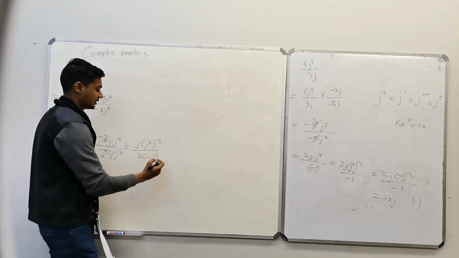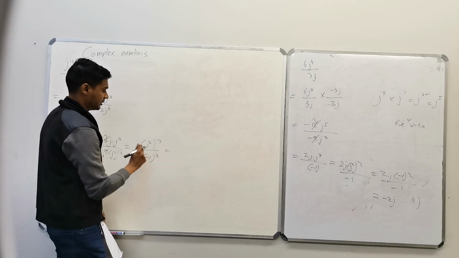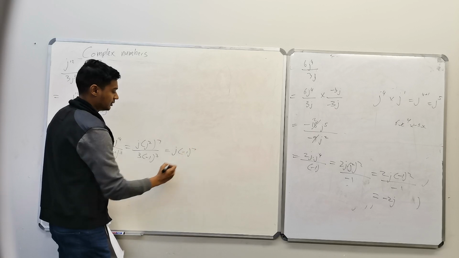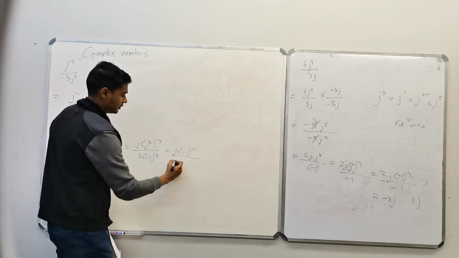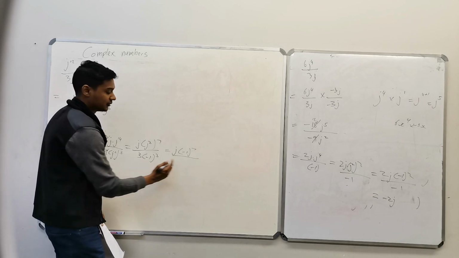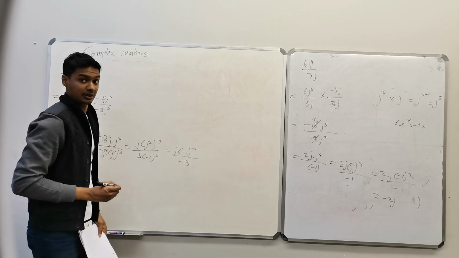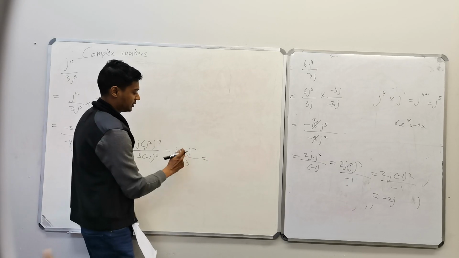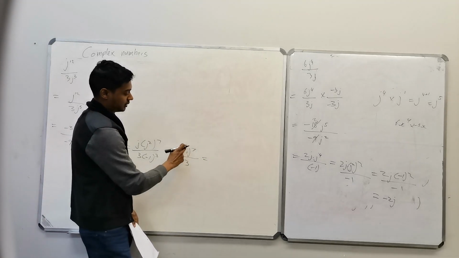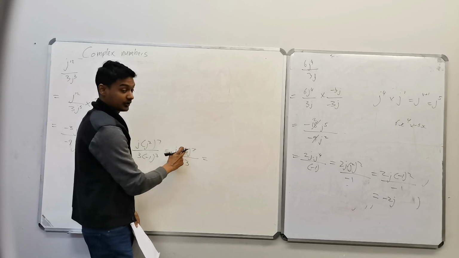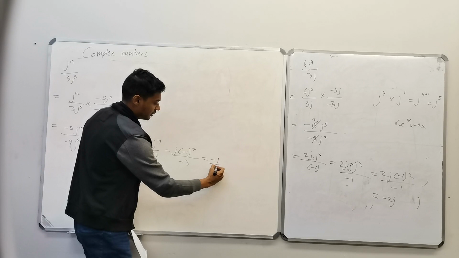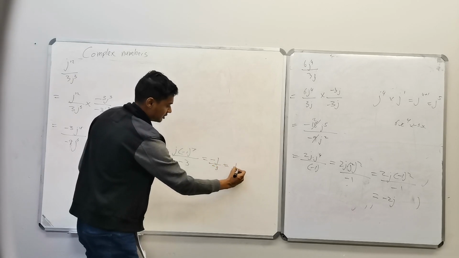Let's work on our top now: minus 1, minus 1, 7. Because it's to the power of 3, what is it? It will be negative. Good, negative 3. So it'll be negative j, over negative 3, which is j over 3.